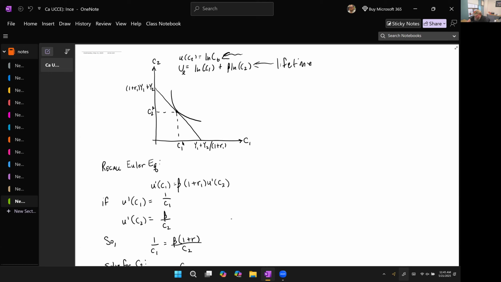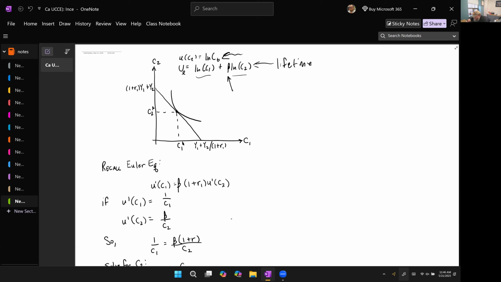So natural log of consumption in the first time period, and then the natural log of consumption in the second time period. And then don't forget, in this lifetime utility, we have what ends up being a factor of impatience. Okay. Now, in a moment, we're going to see exactly how this beta parameter, this impatience parameter, ends up being linked to this marginal propensity to consume.